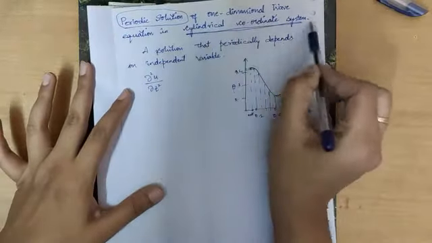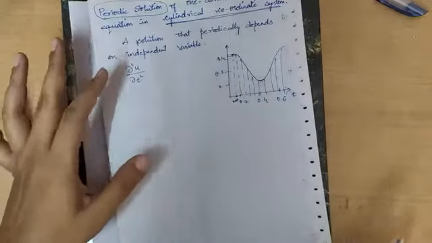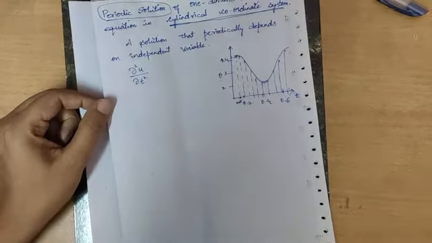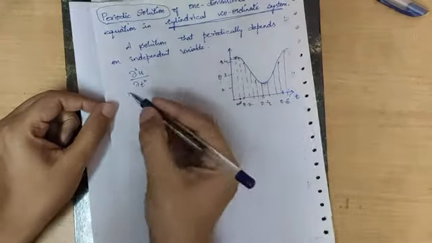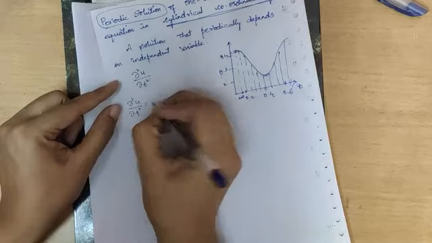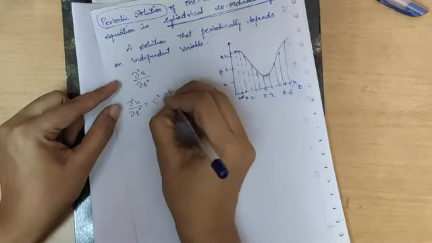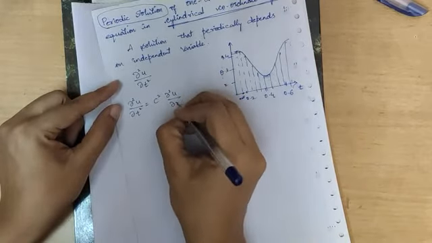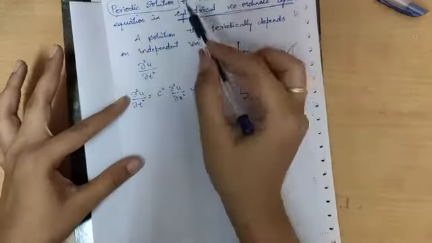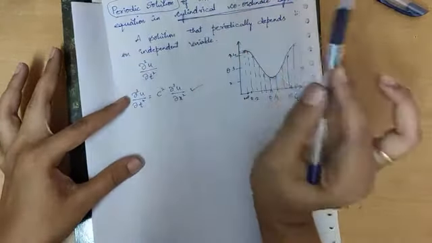Here we are considering cylindrical coordinate system. So we have a standard equation for it. If I write ∂²u/∂t² equal to c² into ∂²u/∂x², this is for the xy plane, isn't it? Now we are moving to the cylindrical coordinate system.